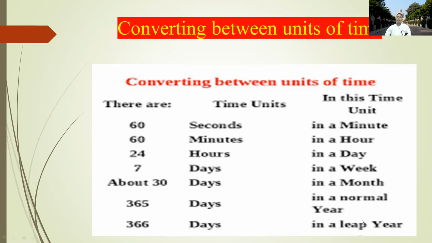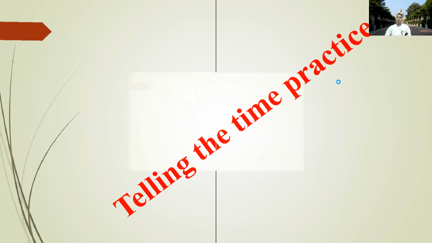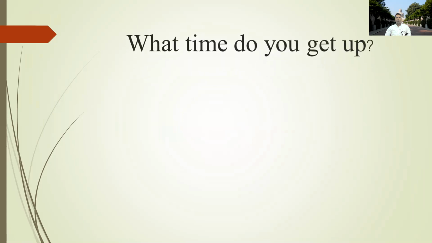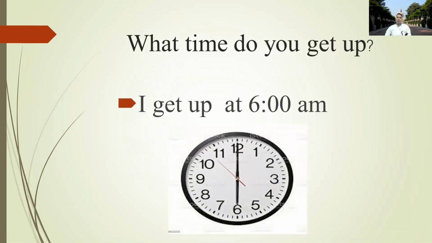Next we have to learn about telling the time practice. So what we can practice, you can see here: what time do you get up? Have to show the time. I get up at 6 a.m. Very good.